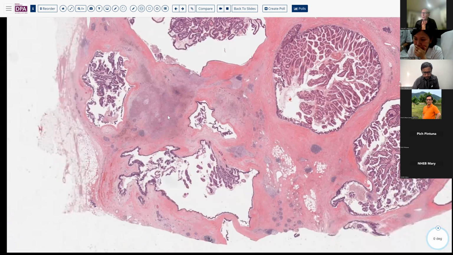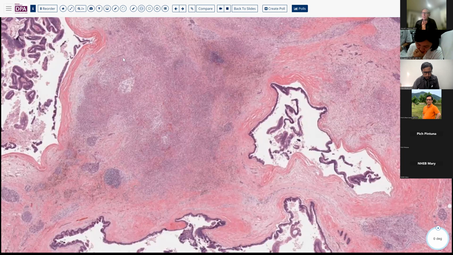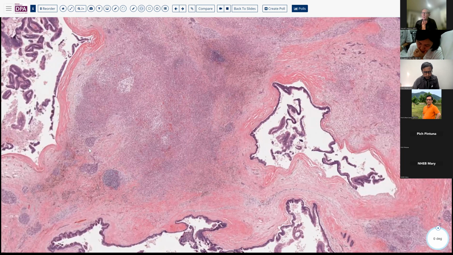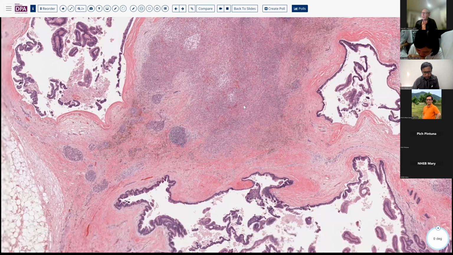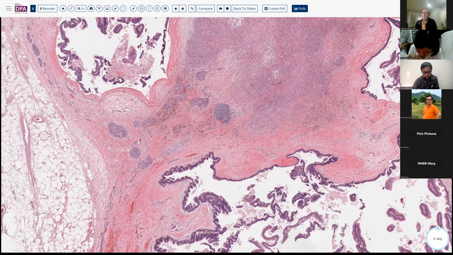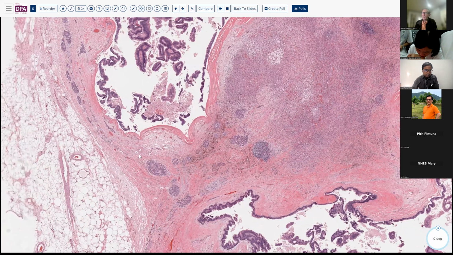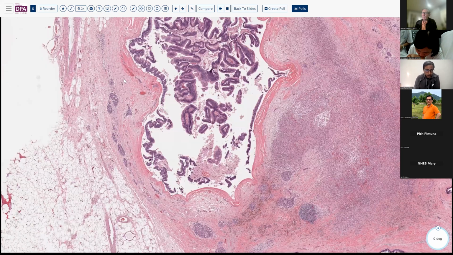Now, of course, you can also get a degree of pancreatitis associated with this. And here we see that change as well with areas of inflammation. The islets, of course, when you have duct obstruction or damage, will not be prone to regress. And so here you'll have a few areas with residual islet cells present in these lesions.